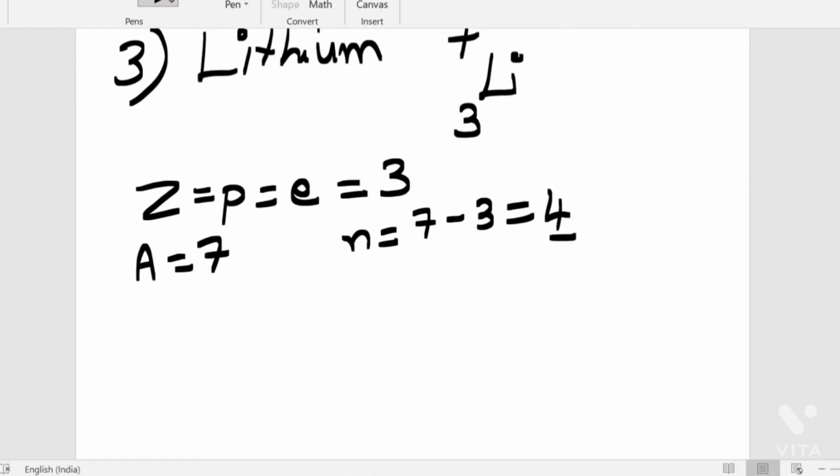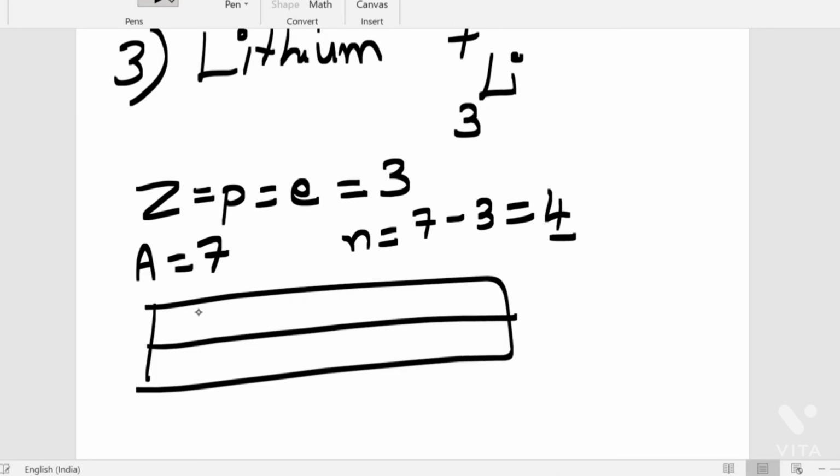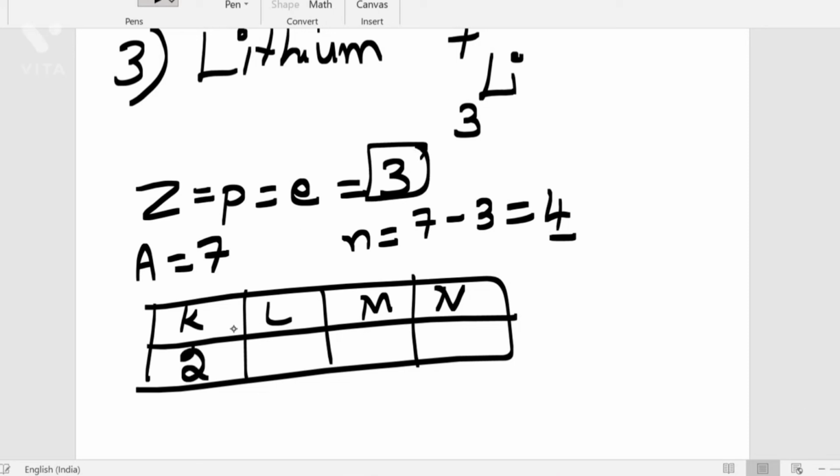Now, based on this, how to write the electronic configuration? I am drawing K shell, L shell, M shell and N shell, and distributing the 3 electrons. I am distributing here 2, 1. That means the M shell is not there, the N shell is not there. So what is the valency here?